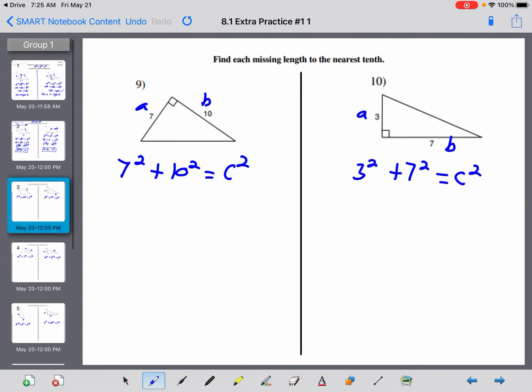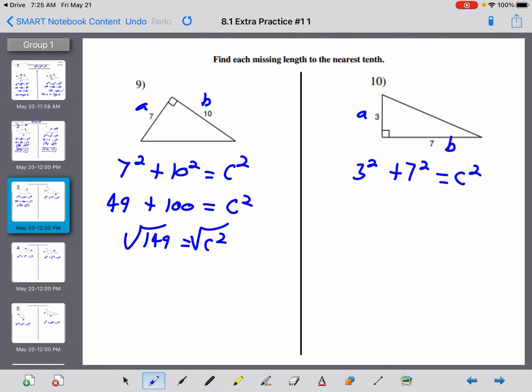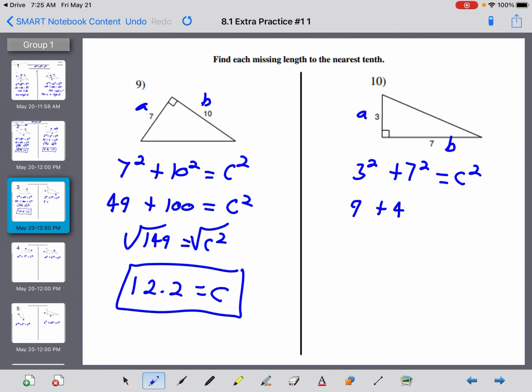All right, so let's go back now that they're all set up. 7 squared is 49. 10 squared is 100. We get 149 equals c squared, and the square root of 149 is 12.2. 3 squared is 9, 7 squared is 49. 49 plus 9 makes 58.